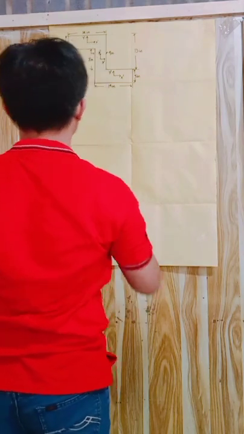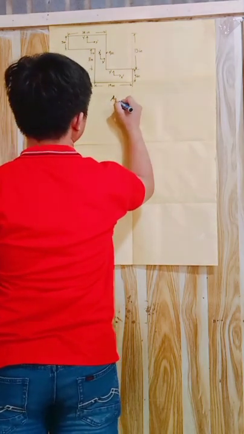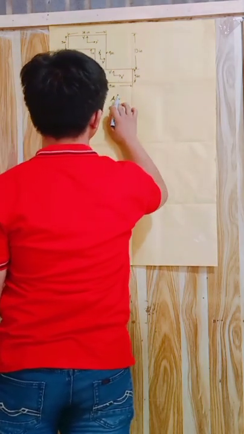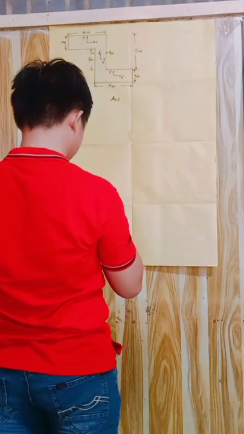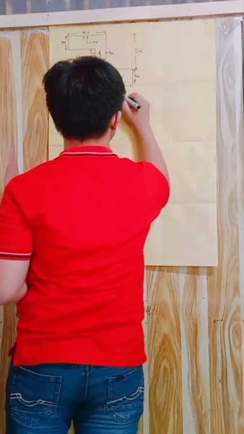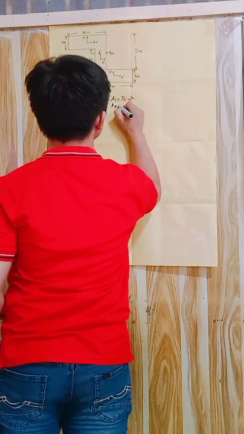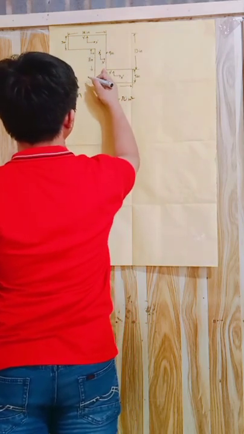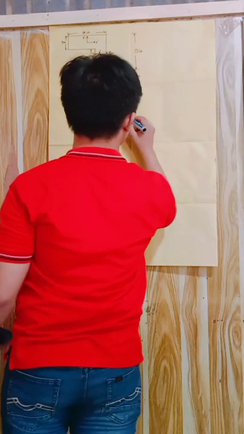To solve this, we are going to start with the solution. Find the area first. Area 1 is equal to 14 inches times 5 inches, which is 70. Area 2 is equal to 4 times 8, which is 32.